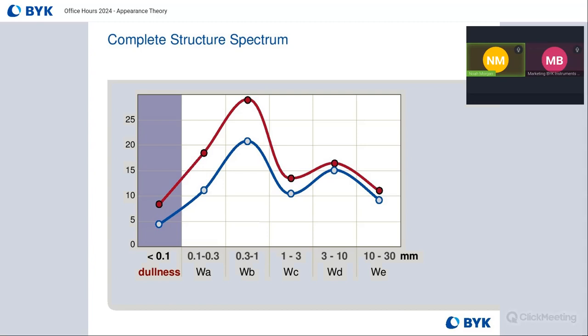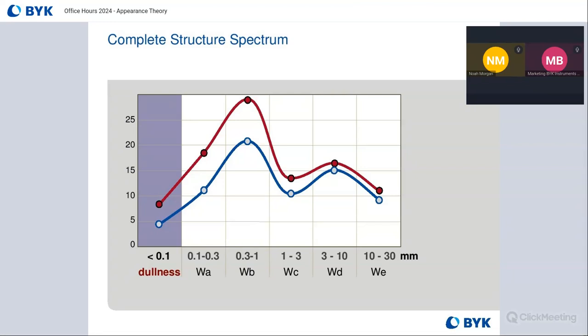So our dullness value is what we can't see with our eyes. It's usually very fine structure, but what that very fine structure does is it scatters the light, so that those fine structures are what defines a brilliant, very sharp reflected image or a very dull, non-clear reflected image.